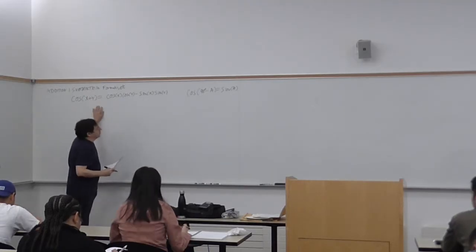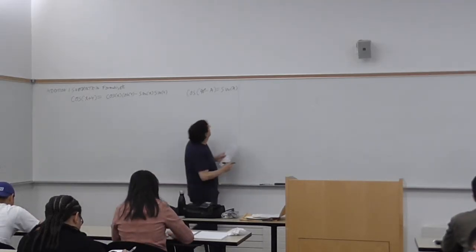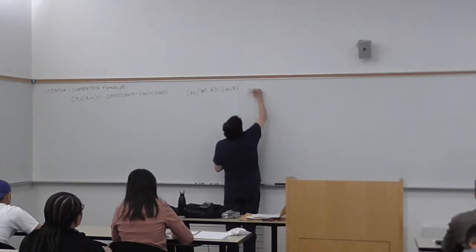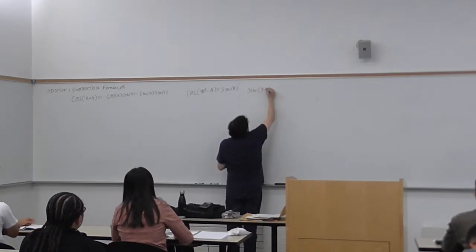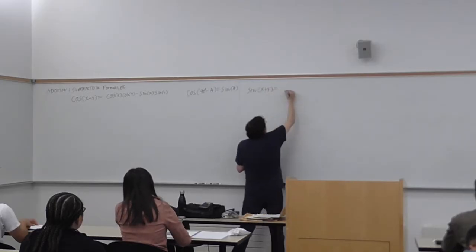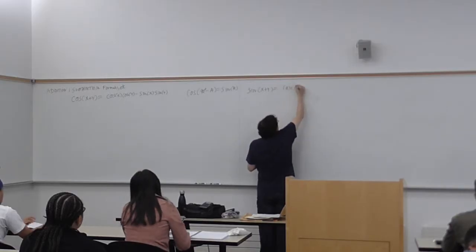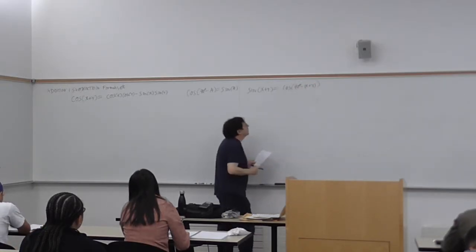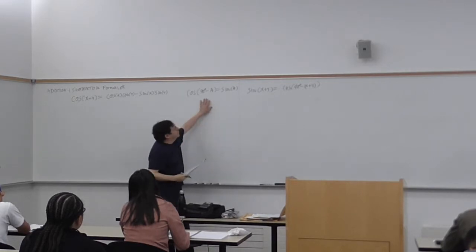So how am I going to apply this here? Well, I'm going to say that the sine of x plus y is equal to the cosine of 90 degrees minus x plus y. That's just a direct plug in here.